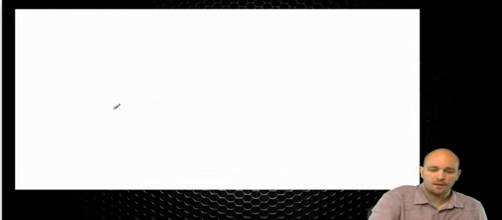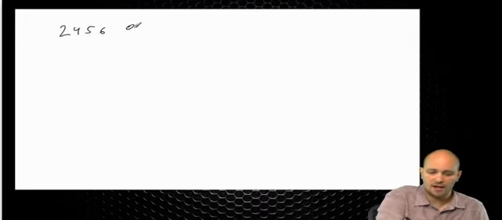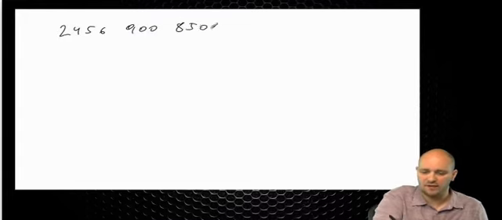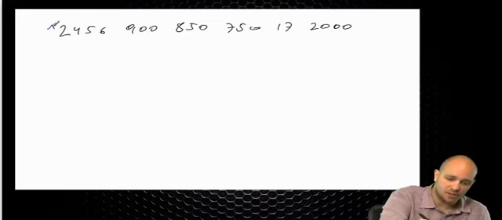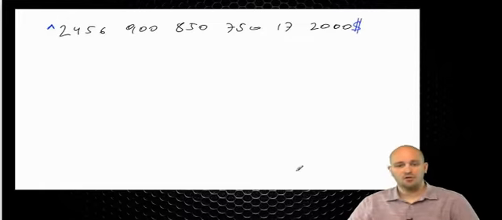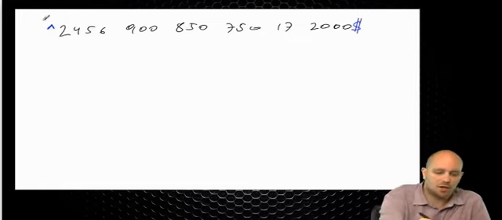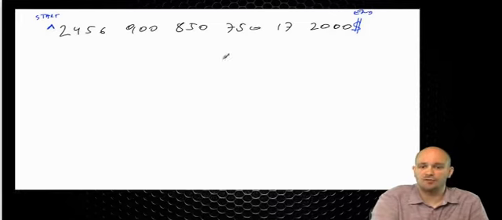In other words, when we have an AS path string, and let's say 2, 4, 5, 6, let's say that we had 900, and let's say that we had 850, 750, 17, 2000, or something like this. This here and this here are going to be regular expression markers that mark start of string and end of string. So caret indicates the beginning of the string, the dollar indicates the end of the string.